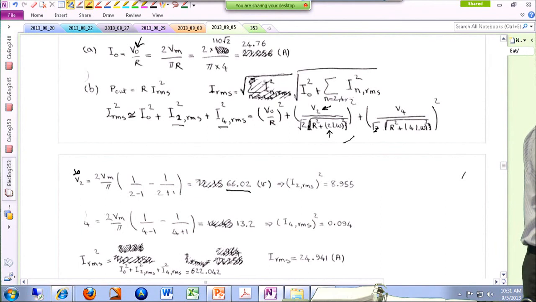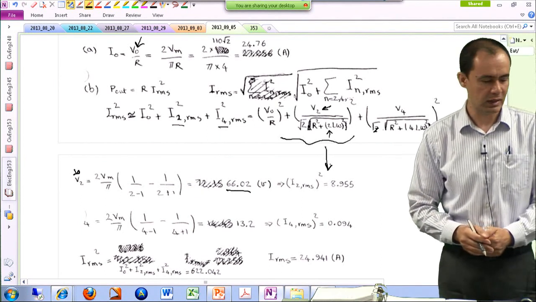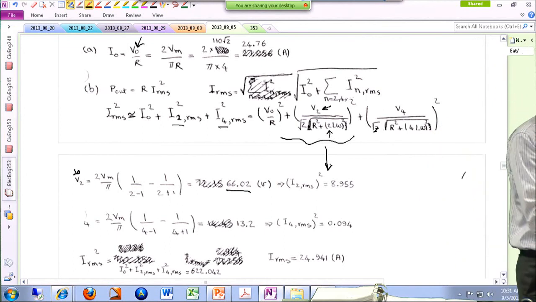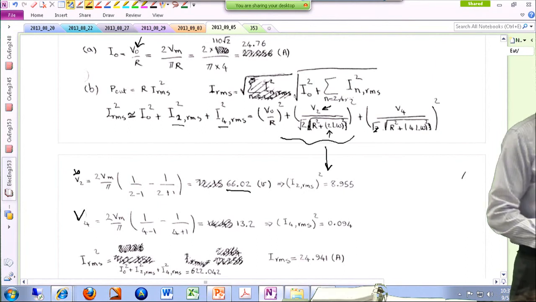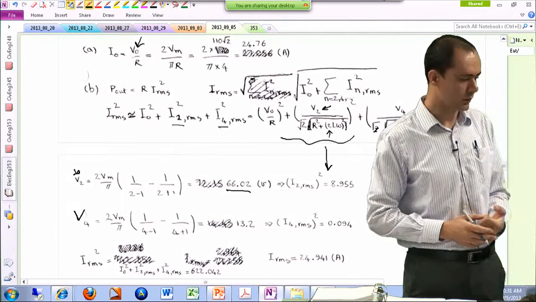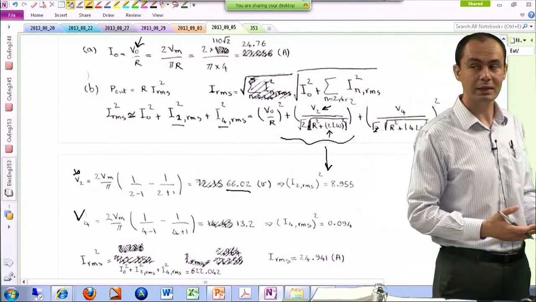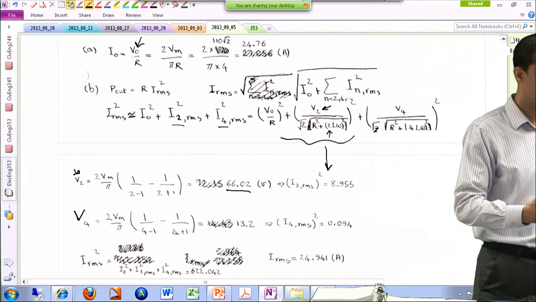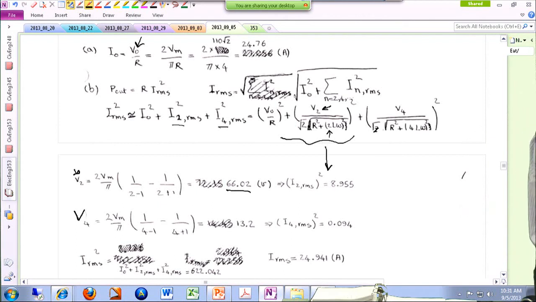And if you calculate this expression, it turns out to be 8.9 amps squared. Then the amplitude of the fourth harmonic in the output voltage is 2 Vm over pi, times 1 over n minus 1, where n is 4, minus 1 over n plus 1, again n is 4. So this is in general an n.